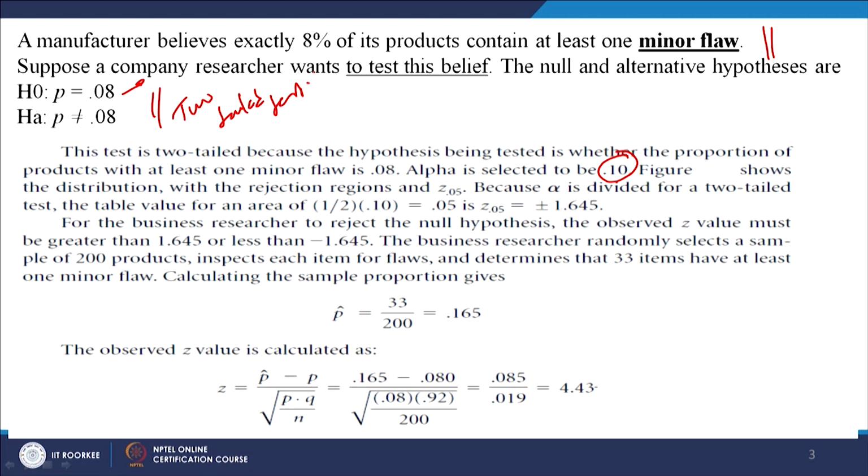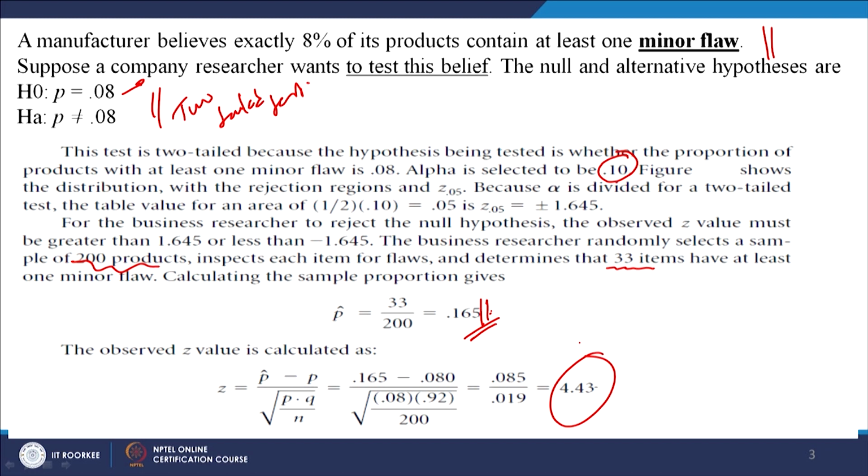So, the manager at the shop floor selects 200 products and finds only 33 items have minor flaws. So, the p-hat value is 0.165 and the value of z is 4.43.